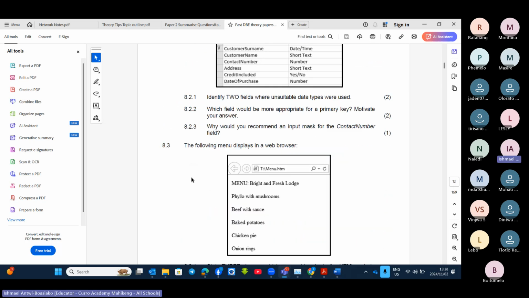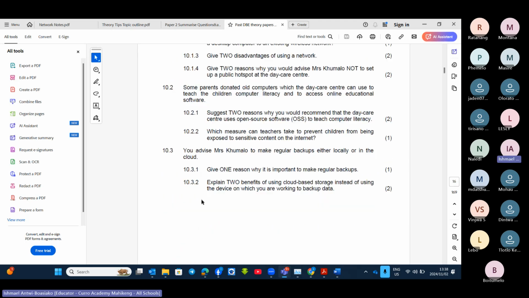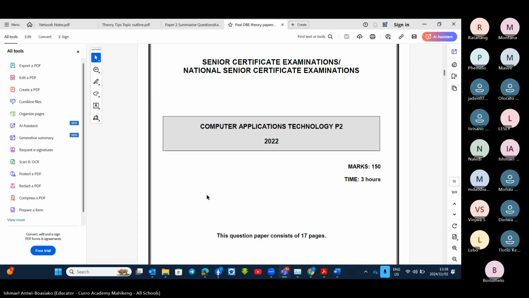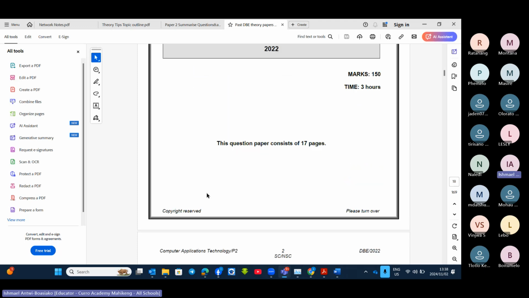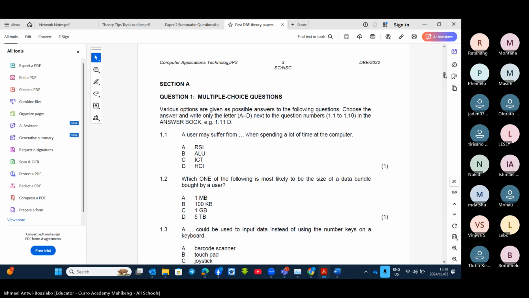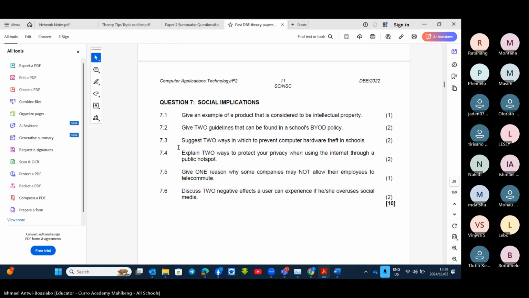And then when you also go through that is 2011, 2021. This is the 2022 June question paper. Give an example of a product that is considered to be intellectual property.